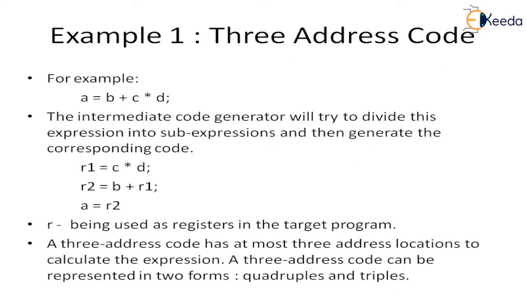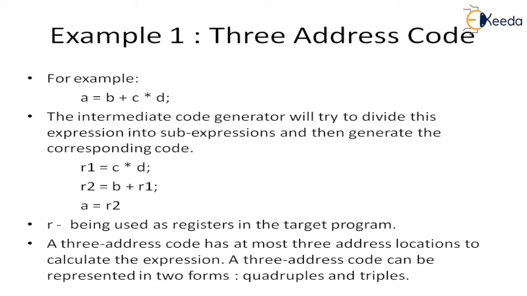The slide shows an example for the three address code. In this example, A = B + C * D. It is represented in three address code like this: register 1 stores the value of C * D, following operator precedence.